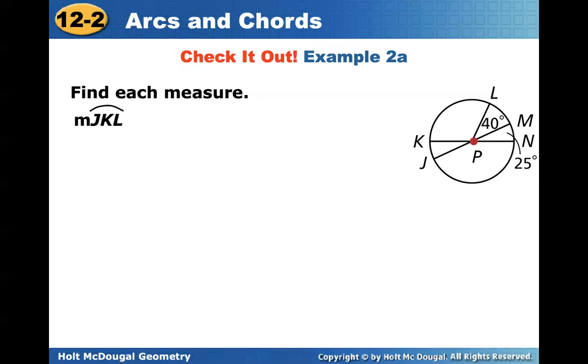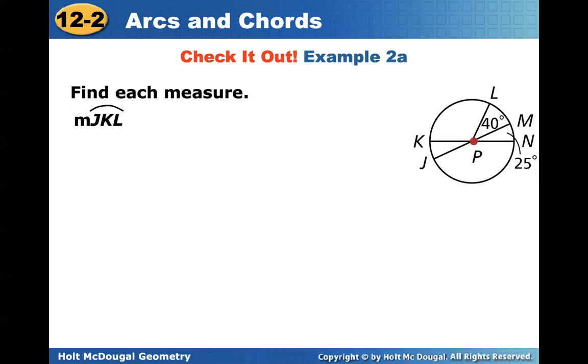All right, let's take a look at these. Find each measure, the measure of arc JKL. The first one we can find is JK. That's 25 degrees because it's a vertical angle with MN. These are vertical, so that's 25. I also know that this line here is a diameter, so this is a semicircle.